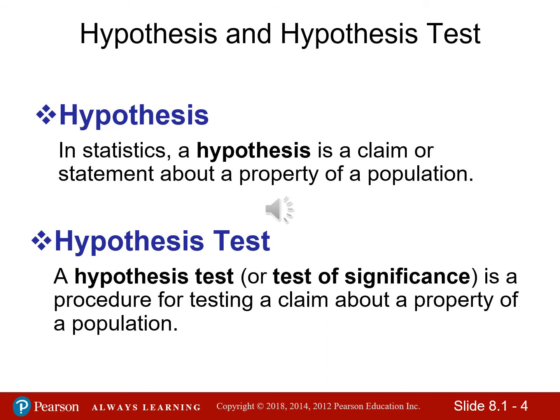Some examples of typical hypotheses or claims include: the mean body temperature of humans is less than 98.6 degrees Fahrenheit, or the proportion of consumers who are not comfortable with drone deliveries is greater than 0.5.